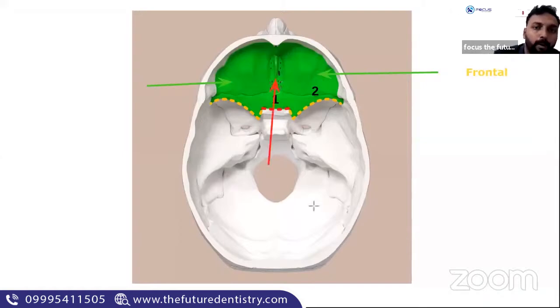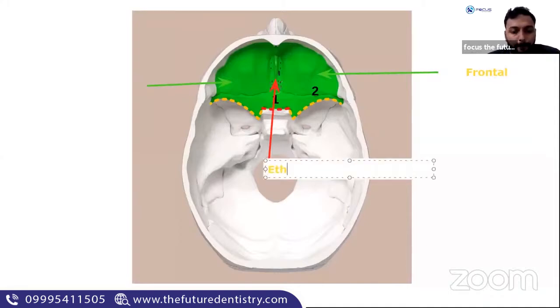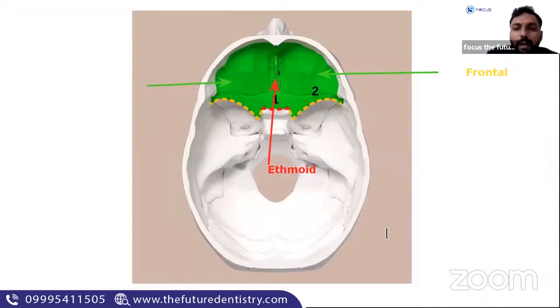And this particular bone in the middle, which I've just marked in red, can you guess which bone that is? It's the ethmoid bone. The one in the middle is the ethmoid bone. So the frontal and ethmoid, and along with that, one more bone is there in your anterior cranial fossa.